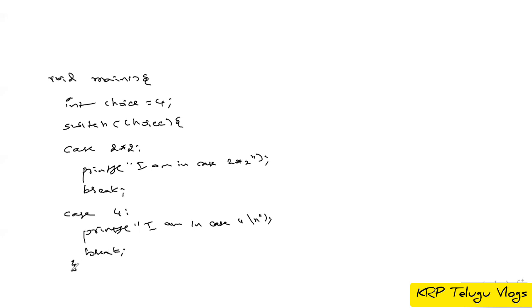It will go to case 2 into 2, because the value assigned is 4. Sir, after the first case 2 into 2, it will break, sir. It will not go to case 4. Everything is allowed, Naresh. Power in the sense, you cannot give 2 power and all.